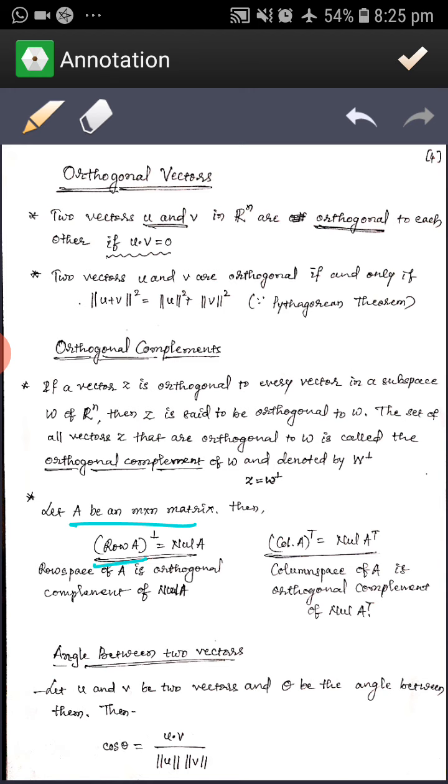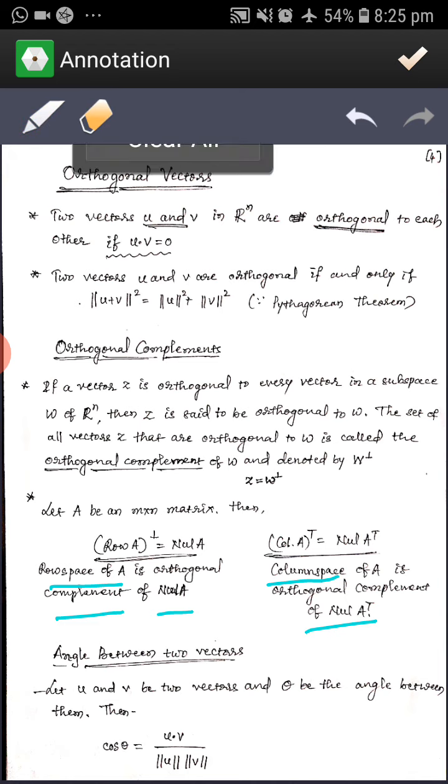Then the row space of A is equal to the null space of A, and the column space of A is equal to the null space of A transpose. This means the row space of A is the orthogonal complement of null A. Similarly, the column space of A is the orthogonal complement of null A transpose.